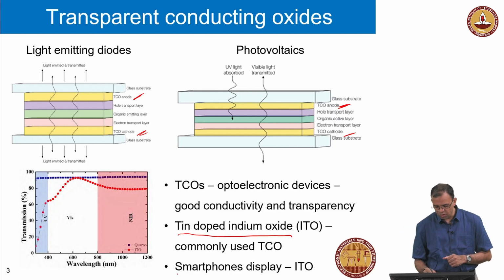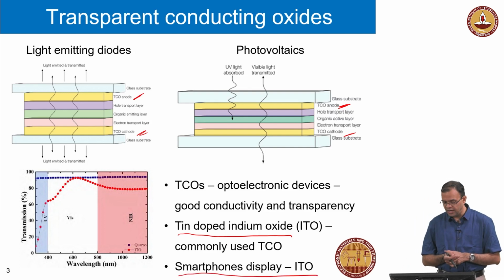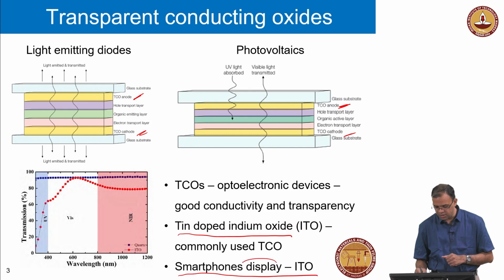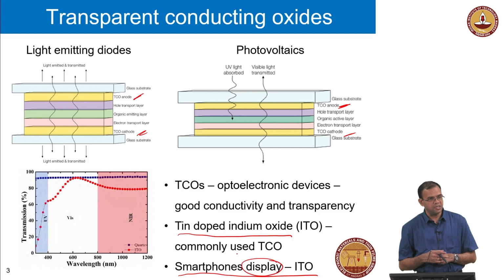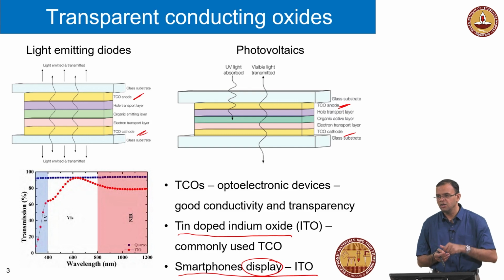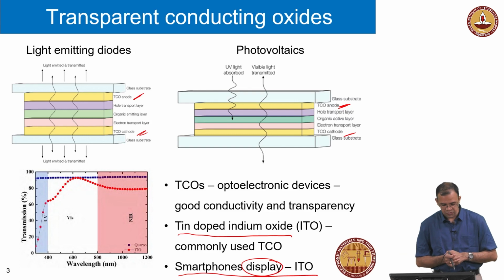So almost all smartphones essentially have an ITO layer at the top. They are not necessarily part of the display, in the sense that they are not the active display layer, but they are the layer that enables touch-enabled access to the smartphone.